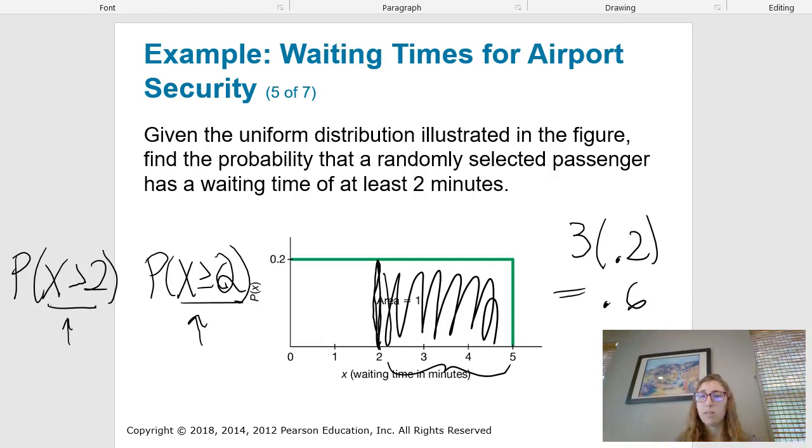But what is the probability that a randomly selected passenger has a wait time of exactly 2 minutes? 0. The probability of any specific x value is 0, which means these are going to be equal to each other. So I find this section to be a little bit easier because we don't have to worry about the differences between greater than or equal to, or less than or equal to. Our main idea here is drawing a picture and shading it in.